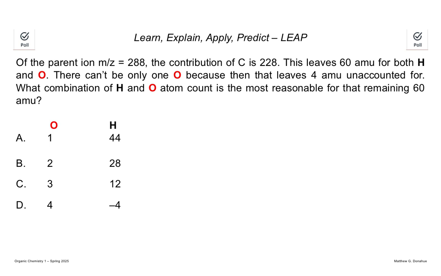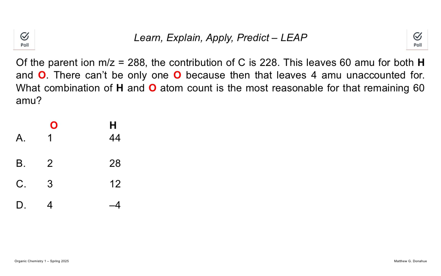Since oxygen has a greater mass than hydrogen, the way this table is arranged, oxygen 16, hydrogen's 1, under the oxygen column we're just increasing from 1 to 2 to 3 to 4. And then 1 times 16 is 16, then we subtract it from 60.